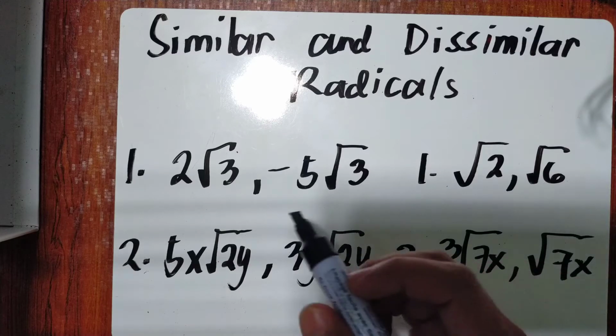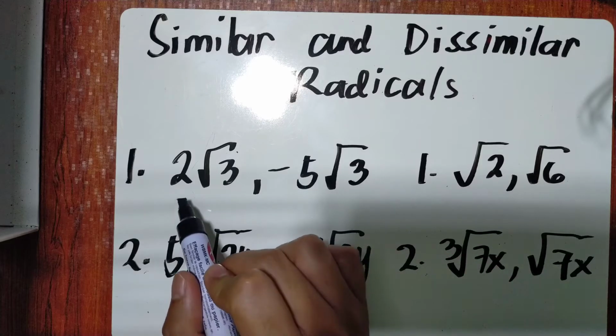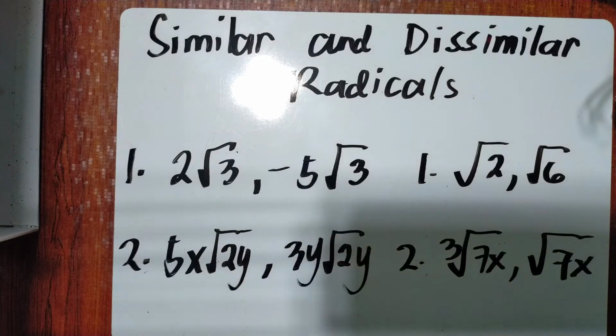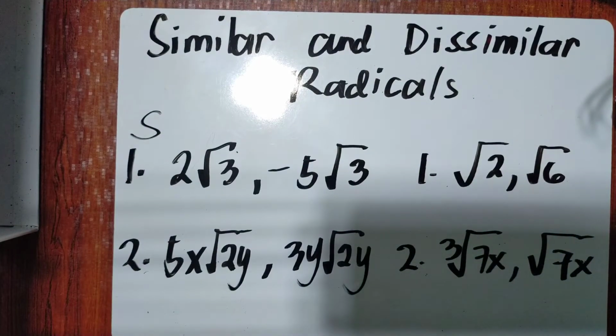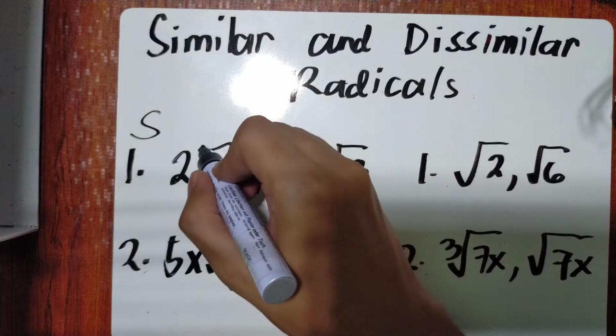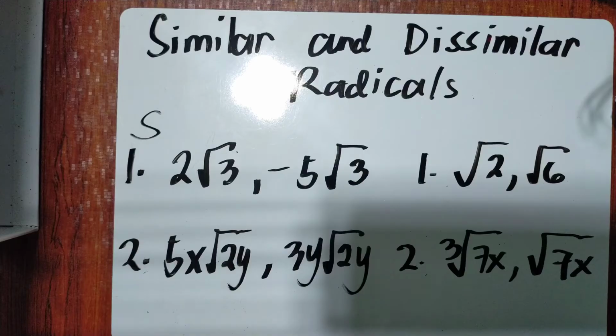So, therefore, for example, number 1, ito, 2 square root of 3 and negative 5 square root of 3, can we consider them as similar or dissimilar? We can consider them as similar. Okay? So, this one is similar. Bakit naging similar? Paano ba natin malalaman yung index tsaka radicand?